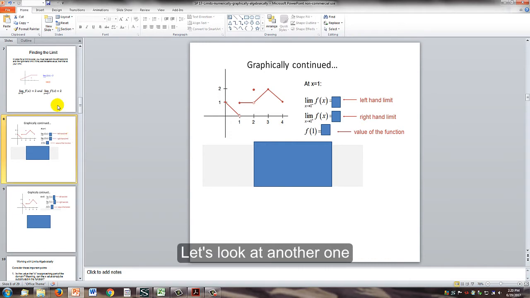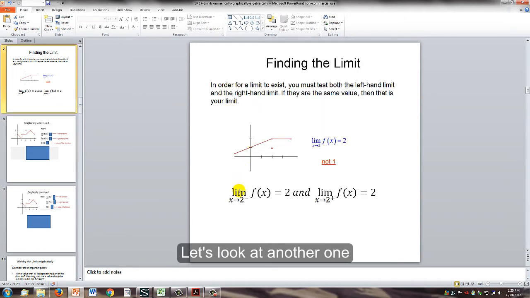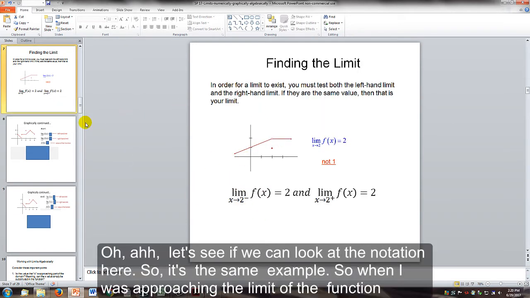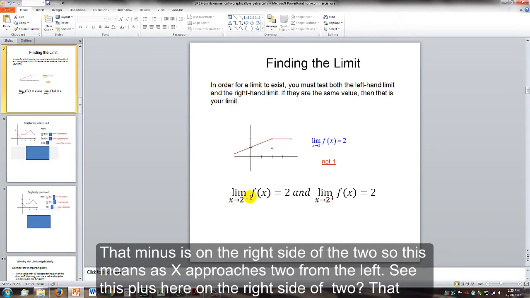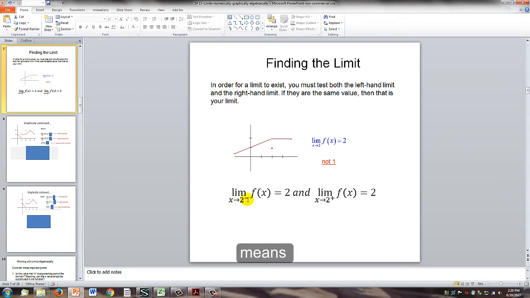Let's look at another one. Let's see if we can look at the notation here. So the same example. When I was approaching the limit of the function as x approaches 2 from the left, you see this little minus? That minus is on the right side of the 2, so this means as x approaches 2 from the left.